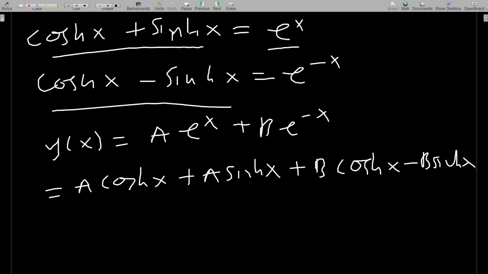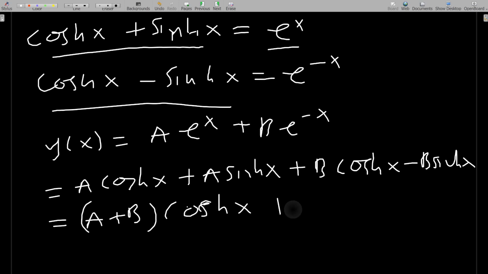So you don't know b, you don't know a, so if you factor cosh, you get a plus b, then cosh x, then plus a minus b sinh x.